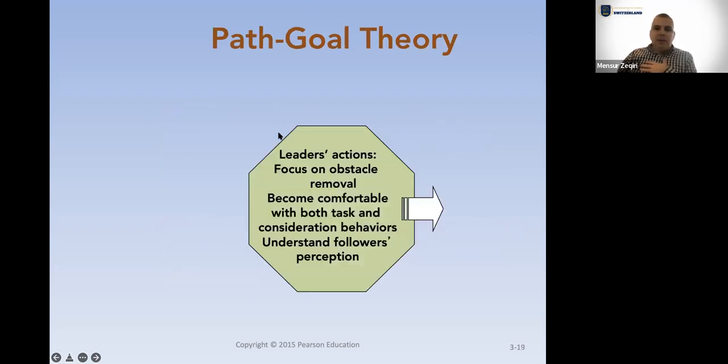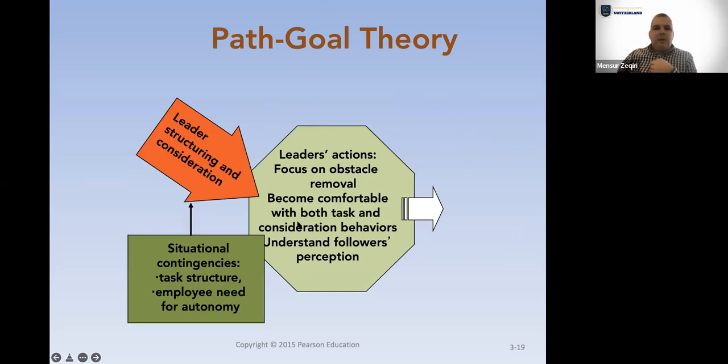As you can see here, the leader's actions should be to focus on obstacle removal, to become comfortable with both task and consideration behaviors, as well as to understand the followers' perception. So this is the framework of path goal theory.